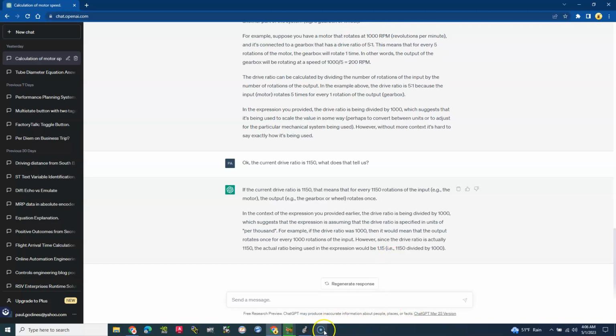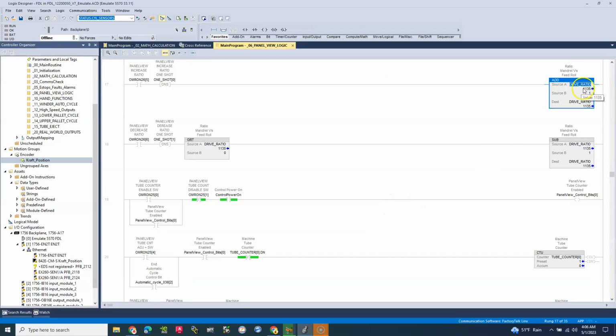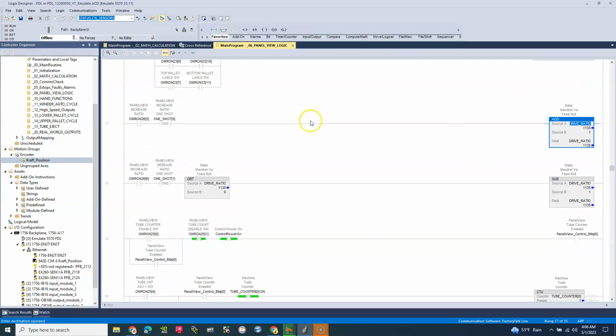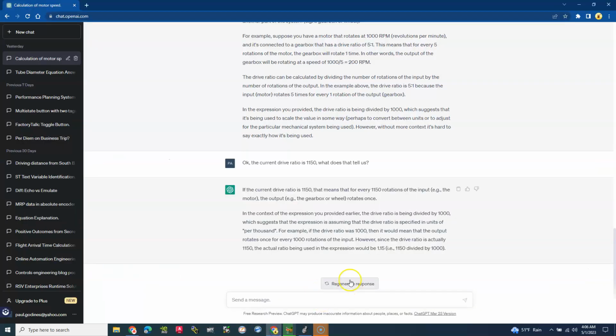So let's look at our program again. So that's our drive ratio. Okay, what's determining that 1135? Okay, we kind of have that answer here, right? So if the current drive ratio is 1150, it means that for every 1150 rotations of the input, the output rotates once.